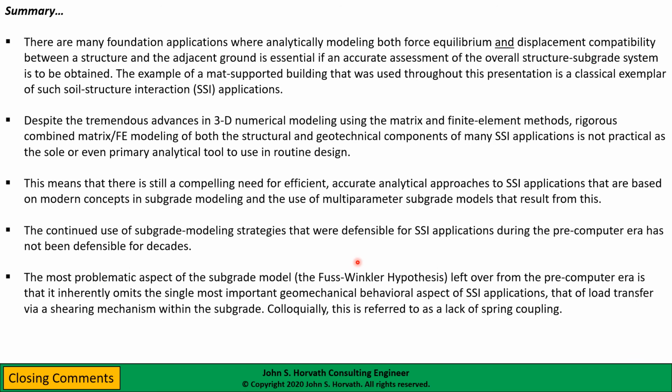And for, say, a mat foundation, the key elements are settlement, as well as vertical shearing within the subgrade to produce load transfer beyond a point of a loaded area. These are essential, and this is simply not possible with a Fuss-Winkler hypothesis. It lacks what we call spring coupling, the inherent shearing that occurs within the subgrade.